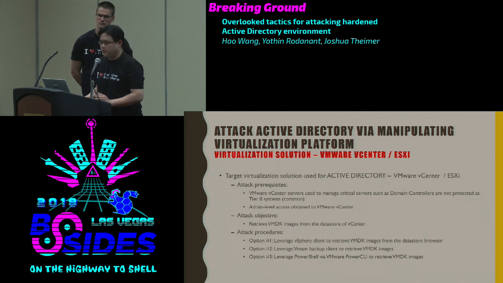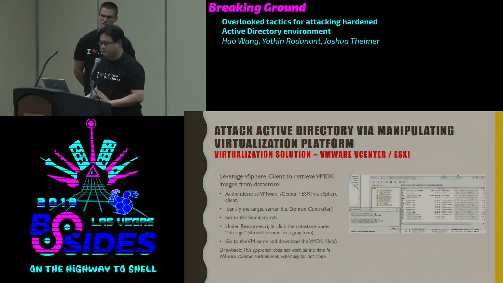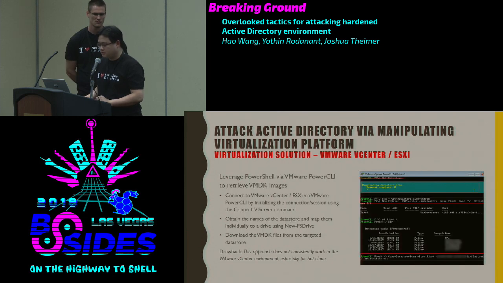We came up with three different ways you can extract those images. The first way is to use the plain GUI used for managing vSphere or vCenter: log in through either the web interface or the thick client, browse through a data store, and locate the target domain controller image, which can typically be guessed from the naming convention or standard documentation within the organization.